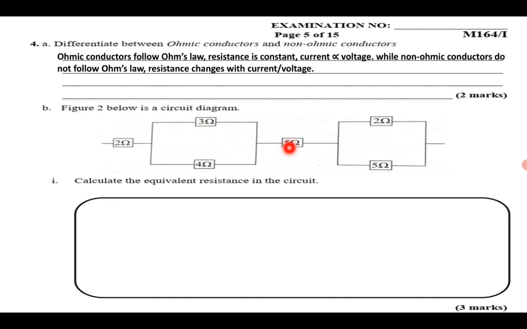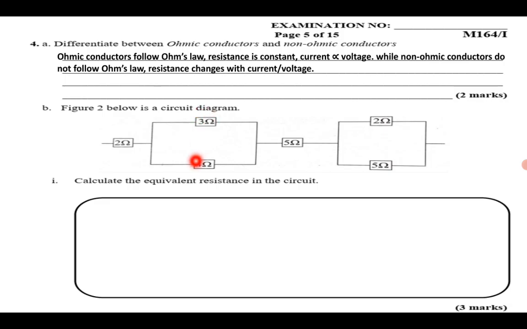Equivalent resistance here means the total resistance. Sometimes the question will say calculate the effective resistance. Still, they're asking you for the same thing, to calculate the total resistance. So the hint here is that you should treat the parallel circuits separately in the first place.